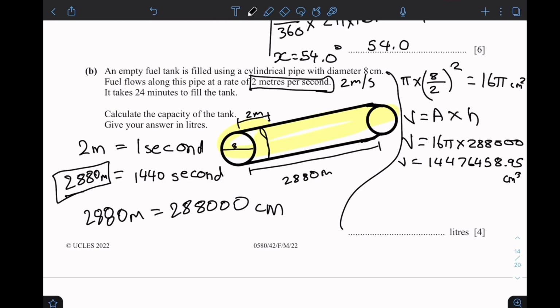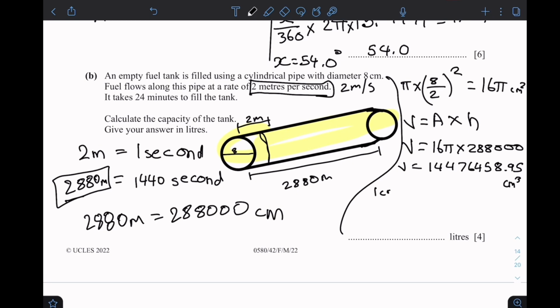Now, 1 centimeter cubed is equal to 1 milliliter, right? So if 1 liter is equal to 1000 milliliters, so that means 1 liter is also equal to 1000 centimeter cubed, right?